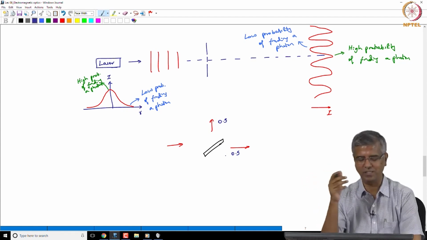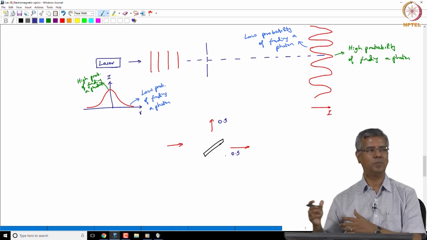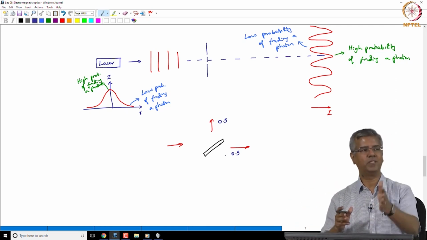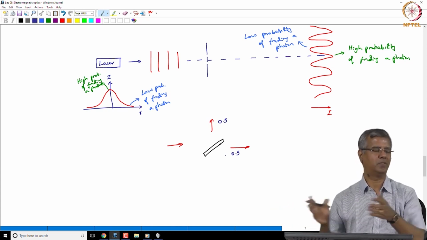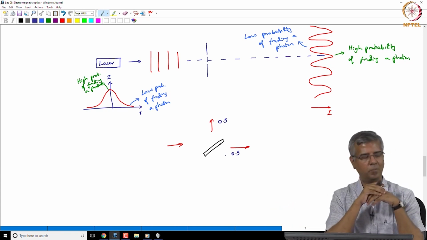So what that means is, if you have multiple observations, you will find 50% of the photons have ended up there, and 50% have ended up here.